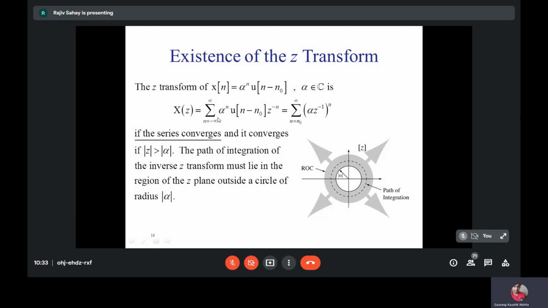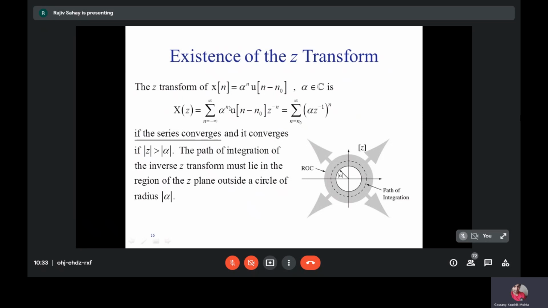You can change the lower limit from minus infinity to n naught, because u of n minus n naught is a shifted unit step sequence. So it is something like starting from positive n naught. If n naught is greater than 0, then it starts on the time axis at positive n naught, and so we can now make the lower limit n naught to infinity.